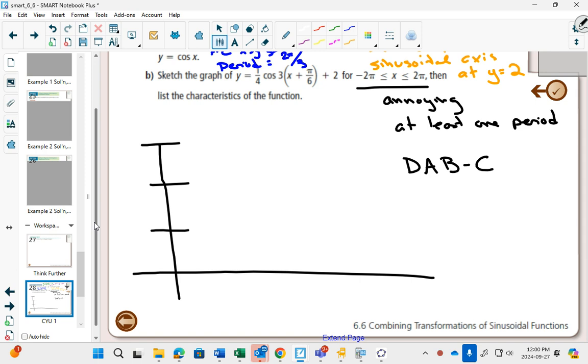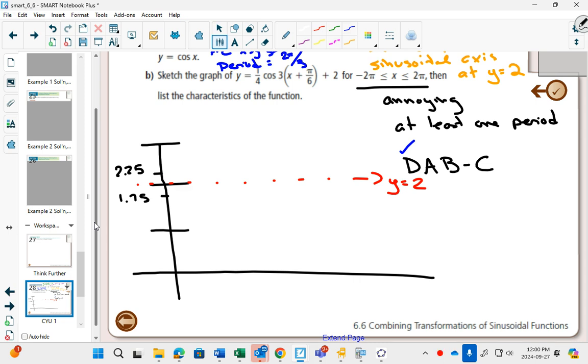So I'm thinking already, notice how big I made my ticky marks in this case, because I knew my center line was at 2. So I can label that y equals 2. D value is done, but my amplitude is only 0.25. So I'm going to go up to 2.25 and down to 1.75 for my maximum and my minimum.